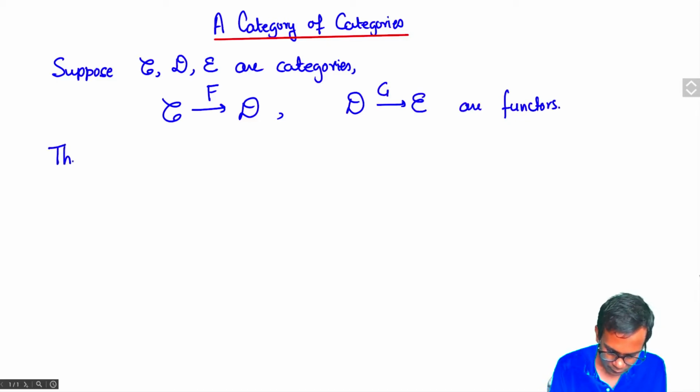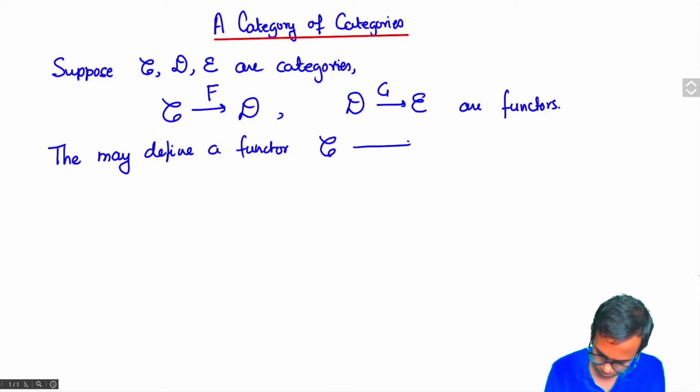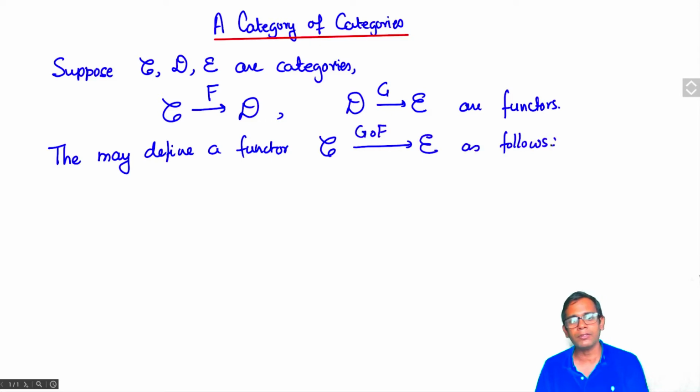Then we can define a functor from C to E, and I'll call that G circle F, as follows. Remember, to define a functor, you need to define it at the level of objects and at the level of arrows.